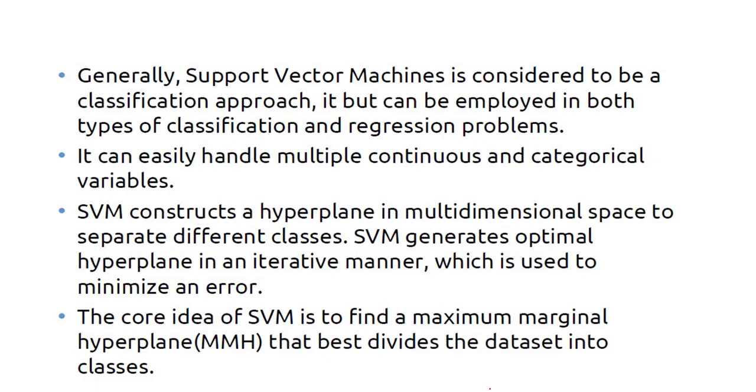So let's continue our discussion on support vector machine. SVM is considered a classification approach, but it can be employed in both classification and regression problems. Generally speaking, SVM is mainly known as a classification algorithm.